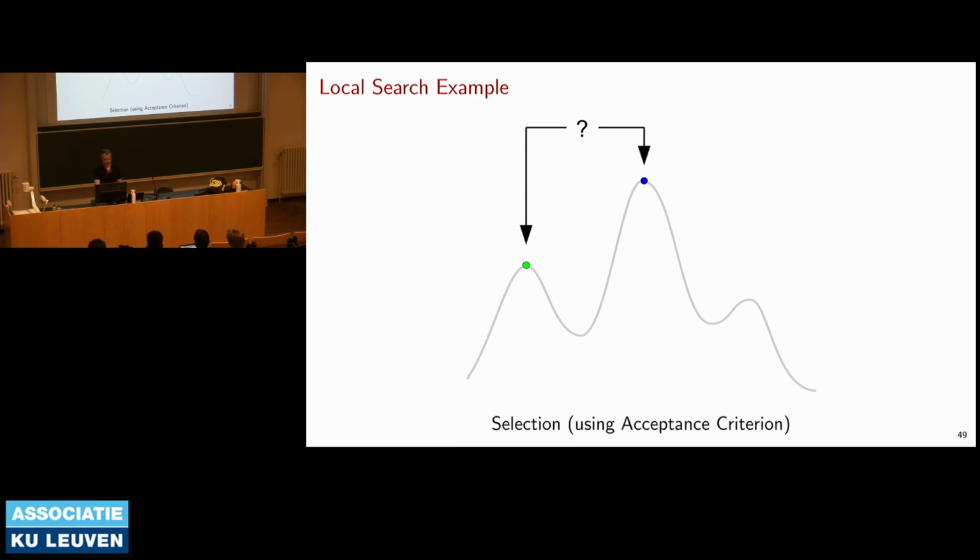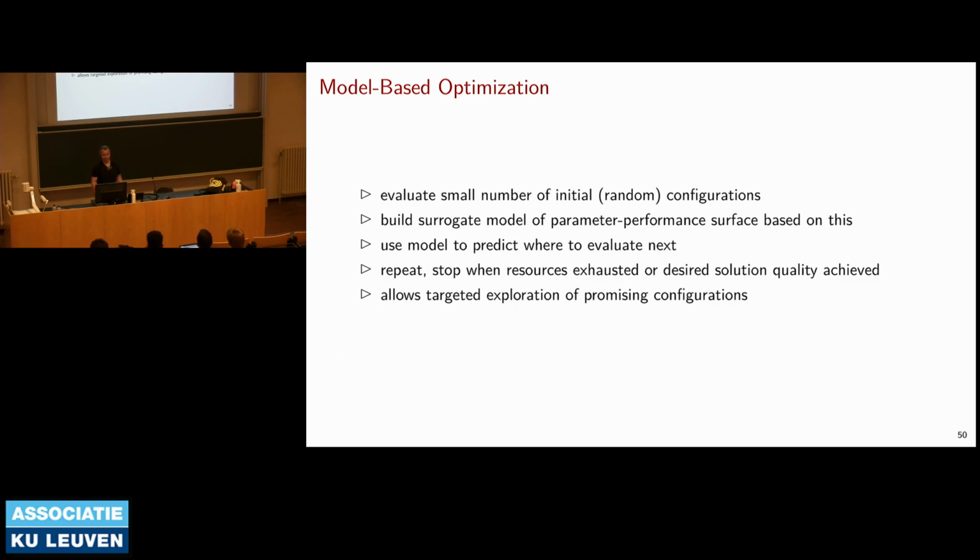We can also do this more intelligently by using model-based optimization. This setup here is essentially the same, except that instead of more or less blindly searching through the space with our local search steps, we have what's called a surrogate model that gives us some estimate of the performance in particular parts of the parameter space. And this more or less exactly corresponds to what you would do as a human, because if you're doing this manually, you're of course not doing this completely randomly, right?